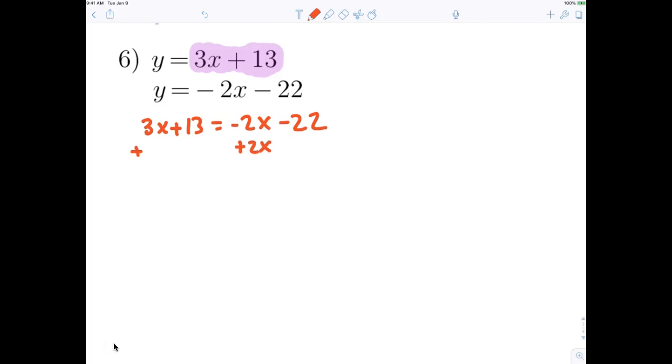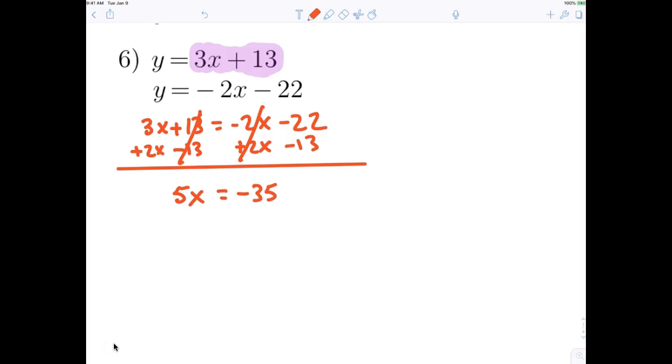Add 2X, subtract 13. What's 3X plus 2X? 5X. These guys cancel. 5X equals negative 35. So X equals what? X equals negative 7. All right.